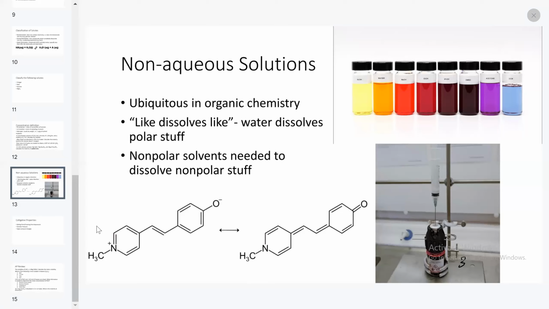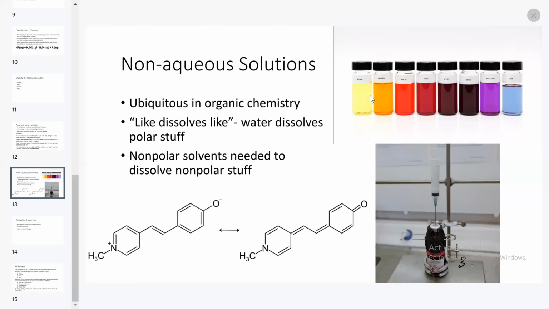Therefore, this form will be more prevalent in polar solvents, because the charges are stabilized by the solvent. But in here, it's relatively nonpolar, so it prefers to be in more nonpolar solvents.